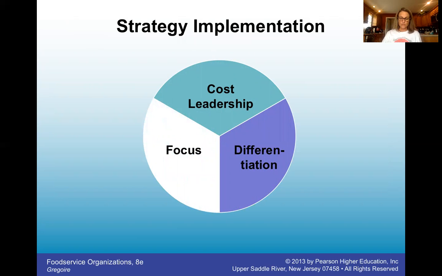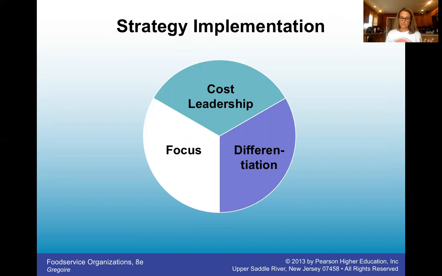All right, so strategy implementation. So this is the second step, so we have our analysis. Our second step is implementation, and this involves the determination of strategic direction for the company and the creation and implementation of strategies to help gain a competitive advantage.